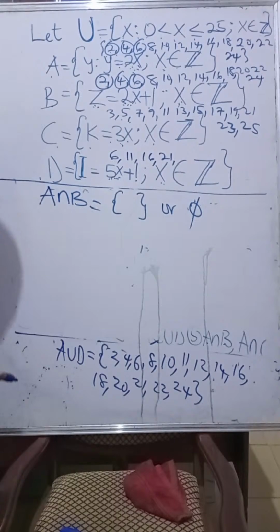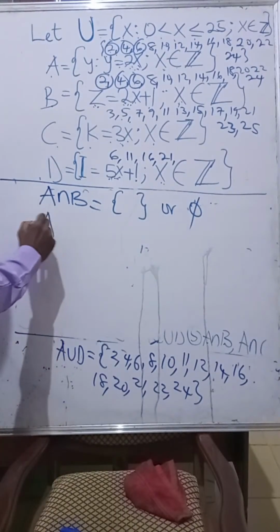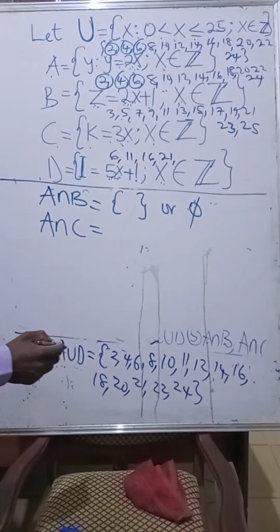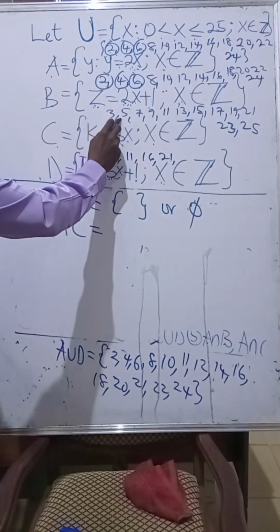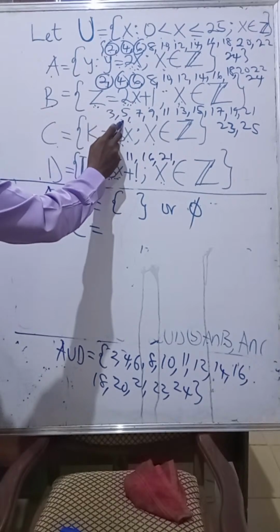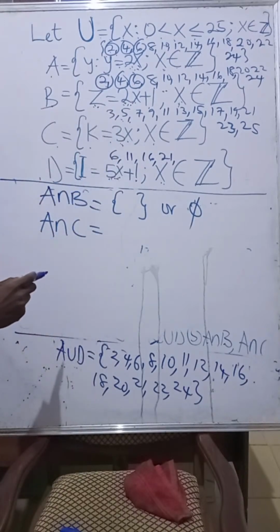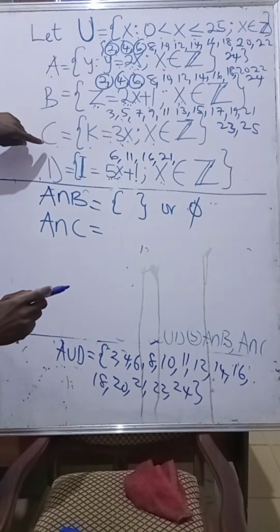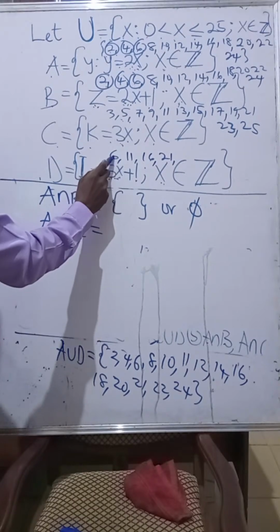So that's correct. Can we get A intersect C? For C, we have this value.